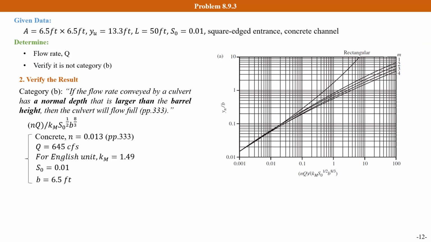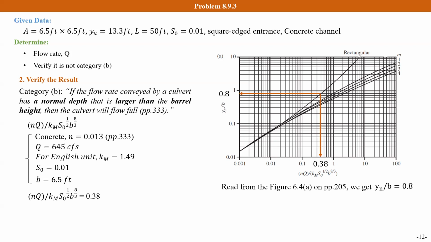After bringing the values of these parameters back into this equation, we get this term equals 0.38. Then we can draw a vertical line, and this line intersects with the curve of the rectangular channel.